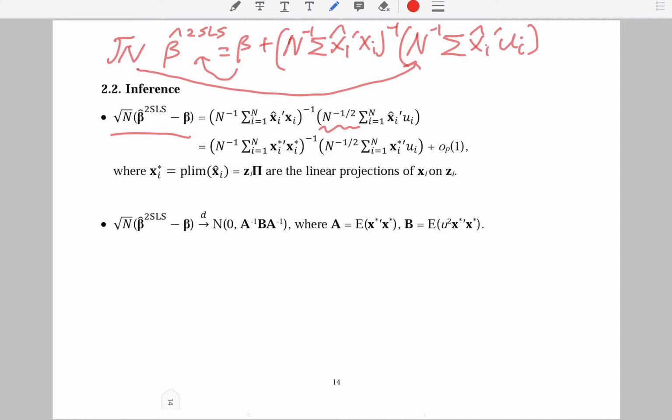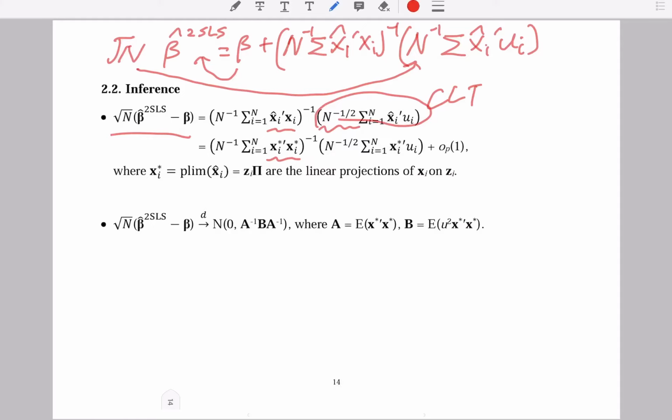If you remember, we are going to apply the central limit theorem to this term here, just like in the OLS case. But note that what we do first is rewrite x hat as x star, the linear projection.